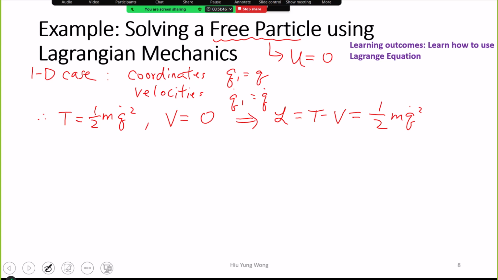Then what is the equation of motion? We use the Lagrange equation to find the equation of motion. Basically, I want to know how this particle will behave.